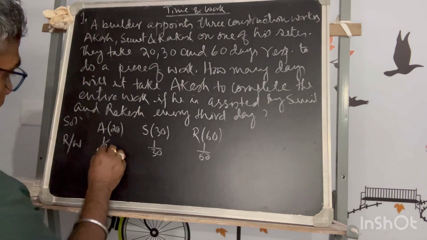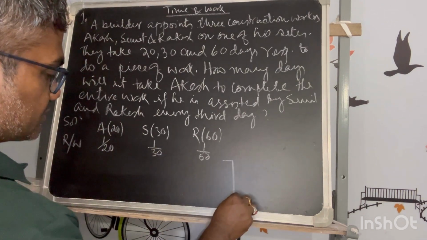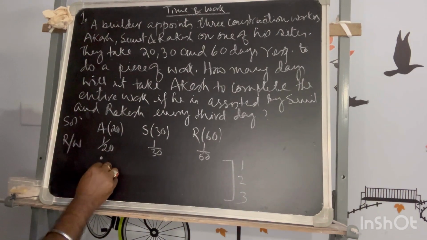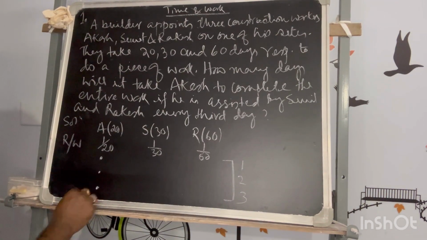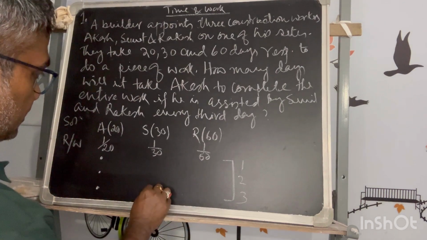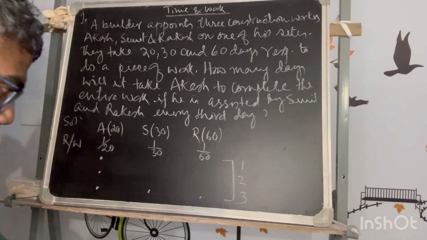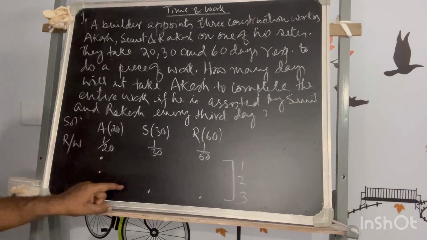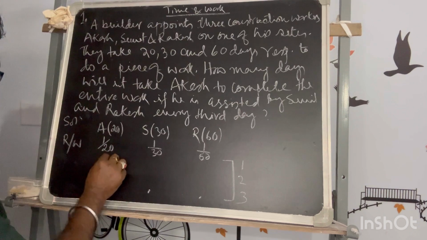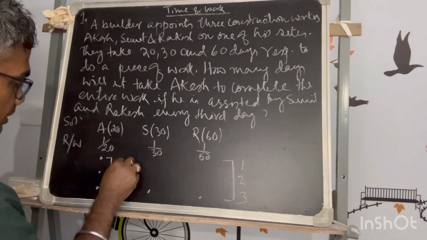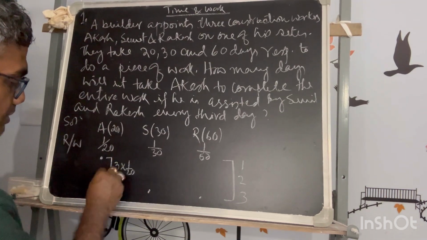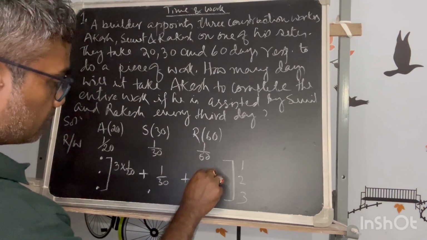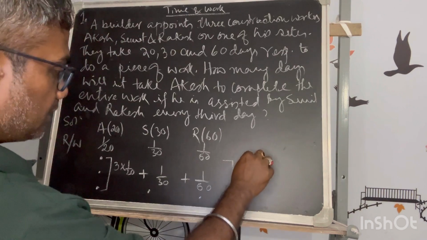Second, for every 3 days, if I say 1, 2, 3, for the first 2 days only A is working. So he is working for all 3 days, and on every third day the others join. He contributes for 3 days, and they contribute for one day. So how much work can they do in every 3 days? This is the work they can do together in 3 days.